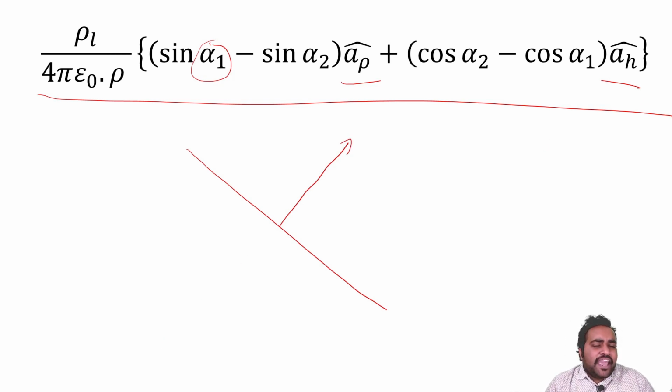What I mean by a h cap is a vector in the direction of the line charge. Now, once you know this, if the line is from here to here, you can obviously determine this angle. Even if you can't determine this angle, this is nothing but 90 minus this angle.